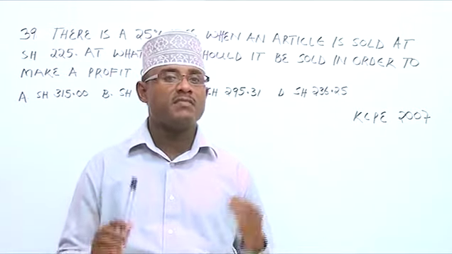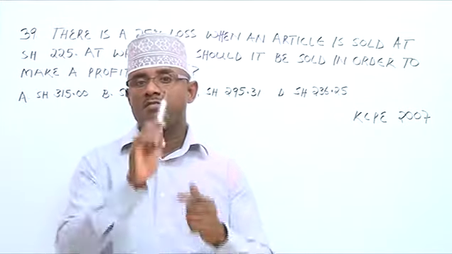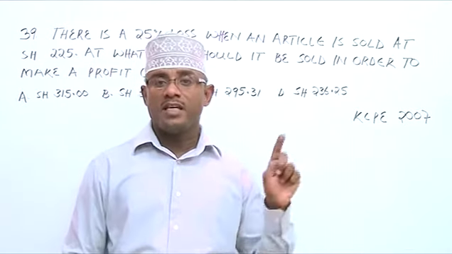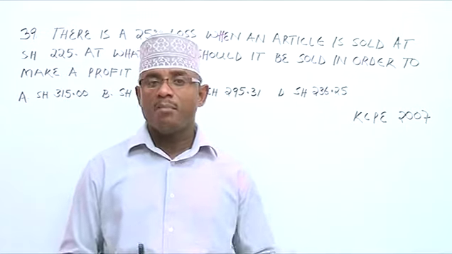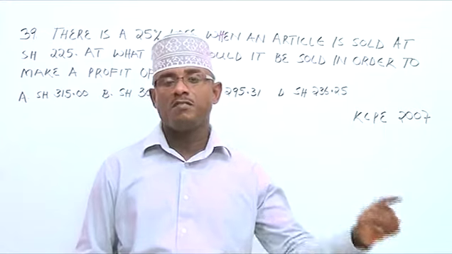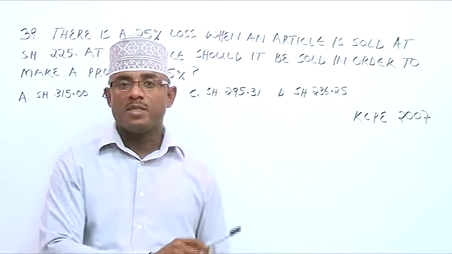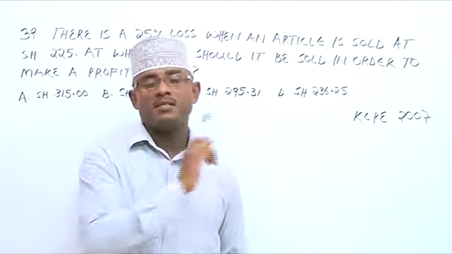You sold it at 75% of the price, and you have lost 25%. So your selling price is 100% minus the loss you have made, 25%, which will give you 75%. So that price at which you have sold the item will be 75%.